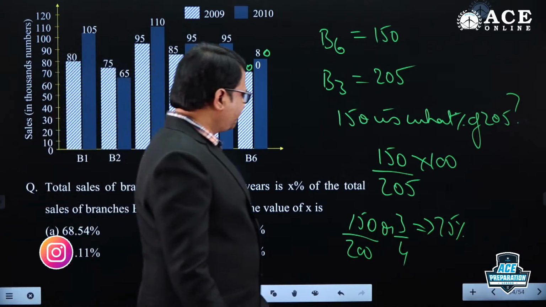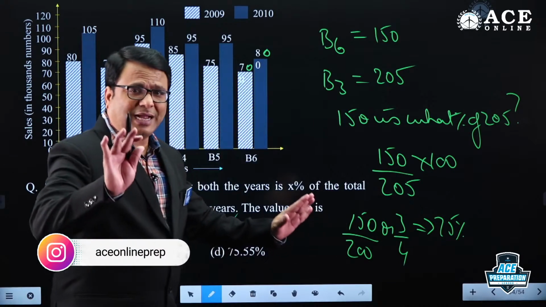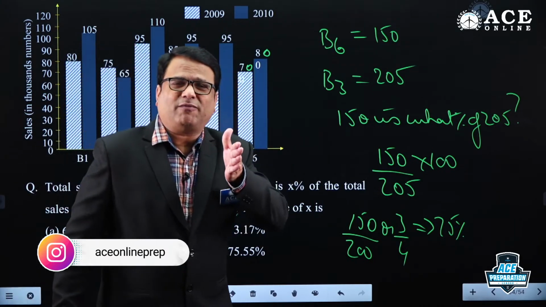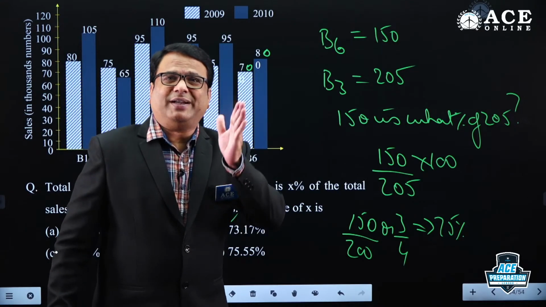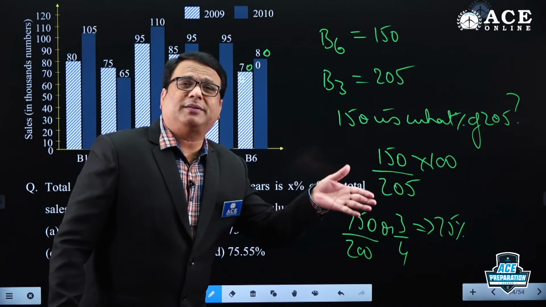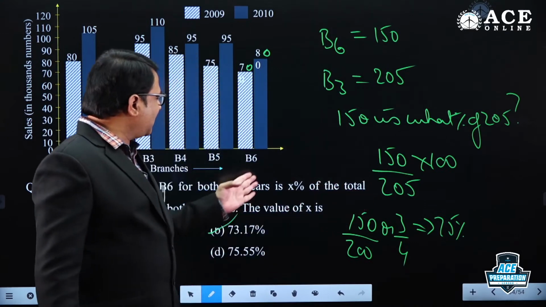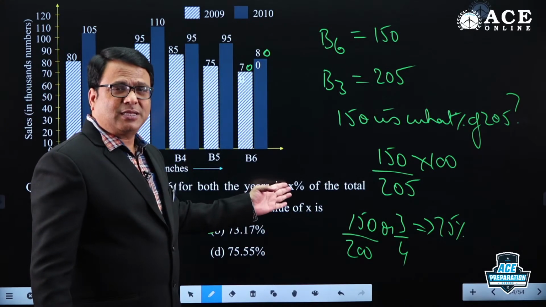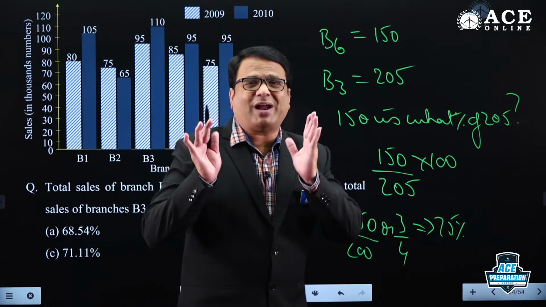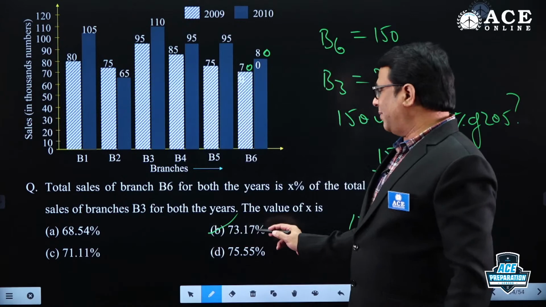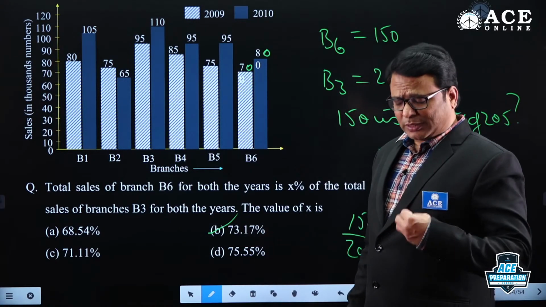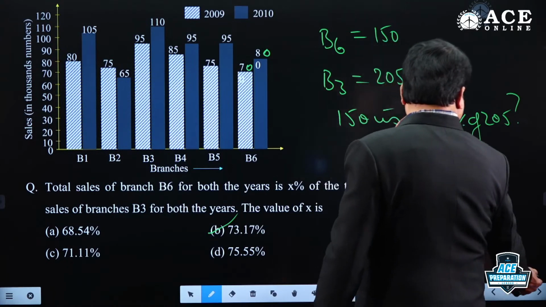Total sales of B6 is 73.17% of total sales of B3. So the X value is 73.17%. Okay, come, let us go to the next question.